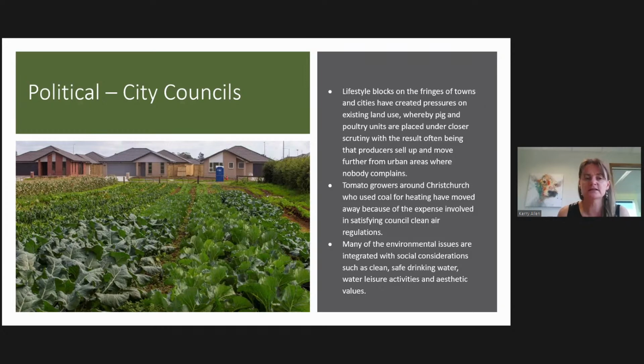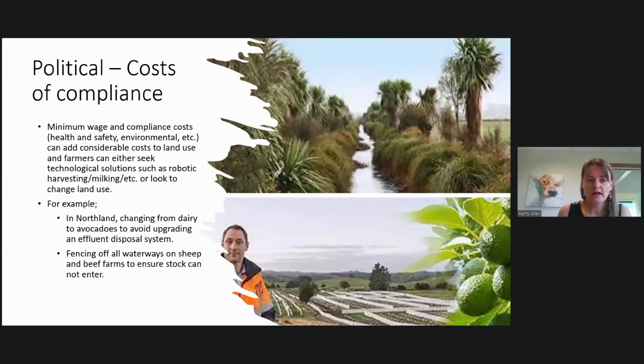Those are some examples of political interventions. And of course, they don't come cheaply. We have compliance costs and minimum wages, and they all come at a cost, so we have to be mindful of that when they're implemented.